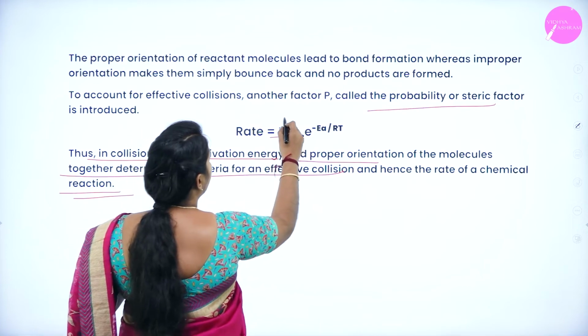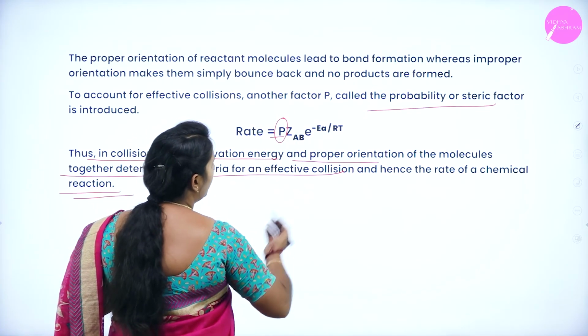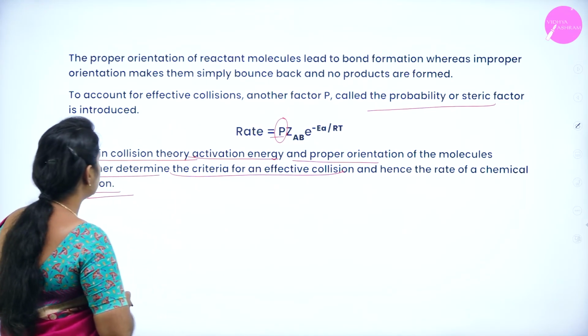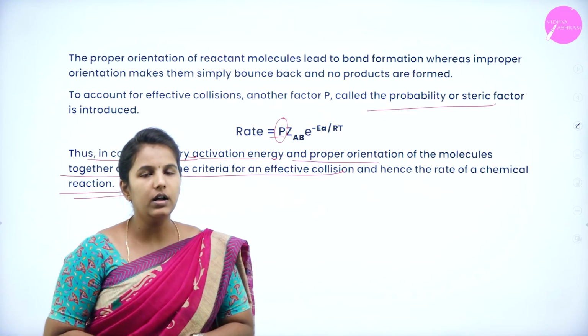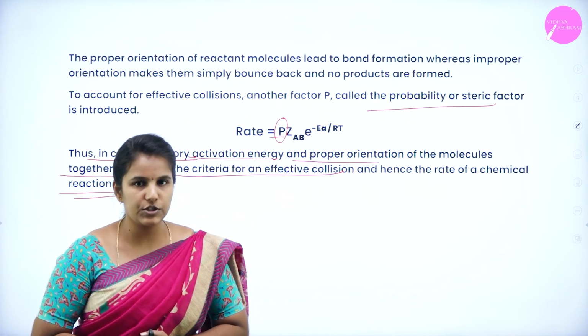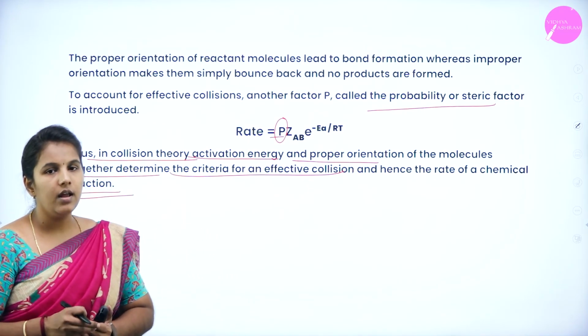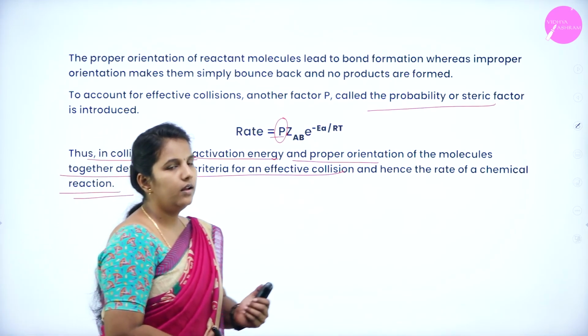So, here P represents the probability or steric factor. Is it right? Proper orientation and activation energy, as well as the collision of the molecules, are very important for a chemical reaction to occur. Hope you have understood this collision theory, and I have also explained how the catalyst plays a very important role in the reaction.